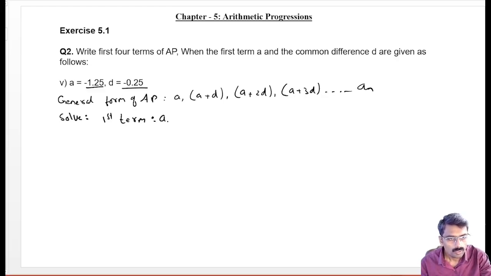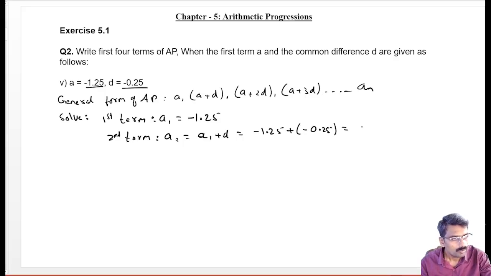First term is a1, that is equals to -1.25. Second term, that is a2, that would be equal to a1 plus d, which would be equal to -1.25 plus minus of 0.25, which would be equal to -1.25 minus 0.25. If we add this, it would be -1.5. This would be our a2.